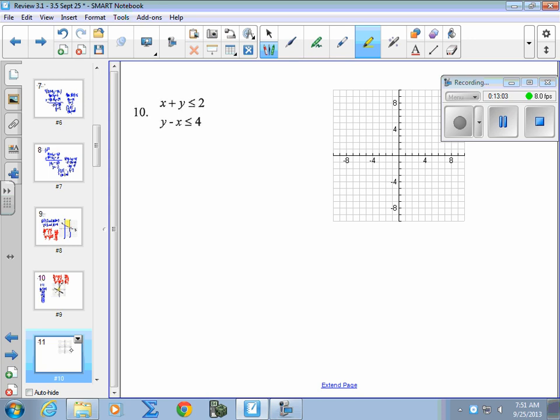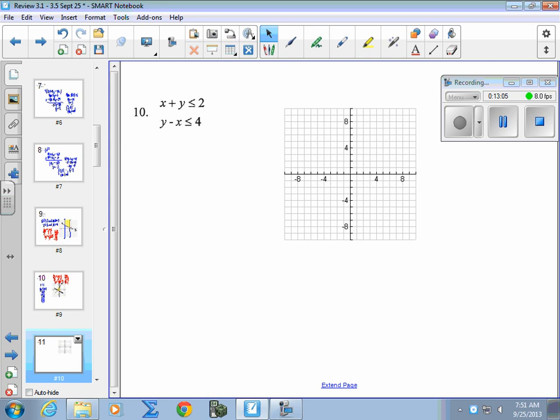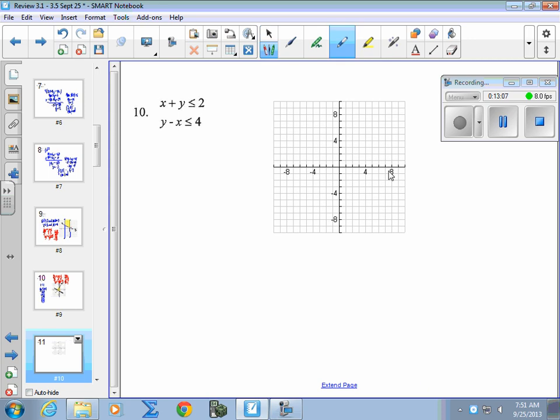The next equation is trying to determine where we're going to shade here. So we have y less than or equal to x plus 2. So we have 0 and 2, 1 and 3, negative 1 and 1.